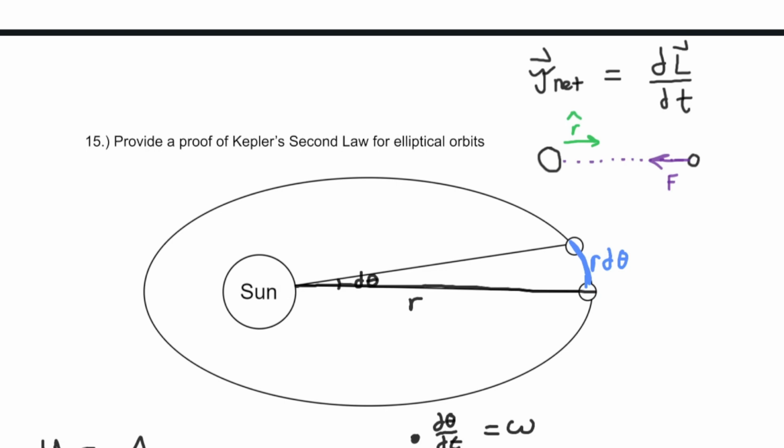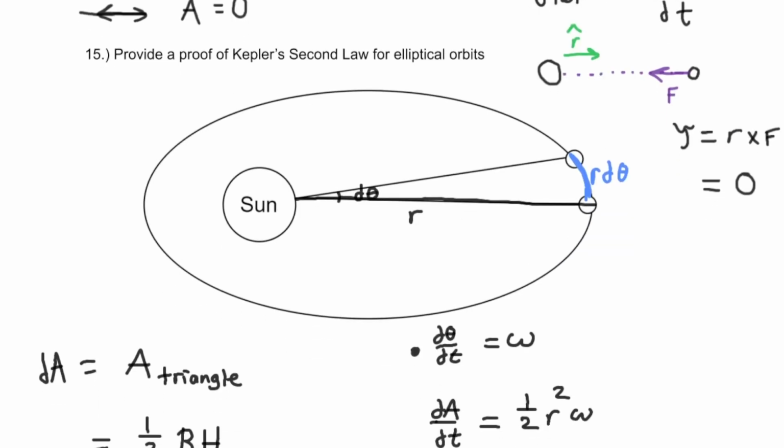And if we want to think about the cross product definition for torque, where torque is equal to R cross F, well, that's going to be equal to 0 for this case, because R cross F can also be thought of as the area of the parallelogram you can make with R and F. Well, if this is R and this is F, well, this has 0 area. So the cross product of two parallel vectors is just 0, right?